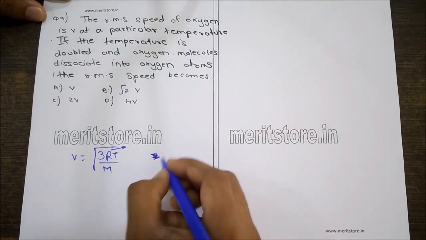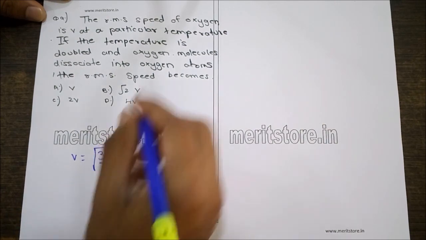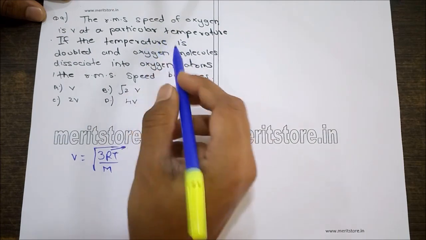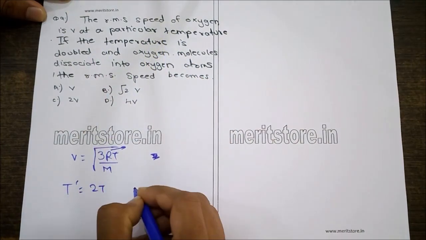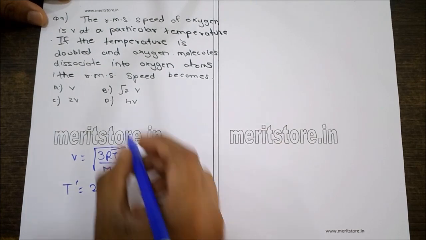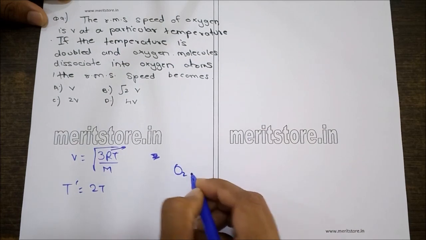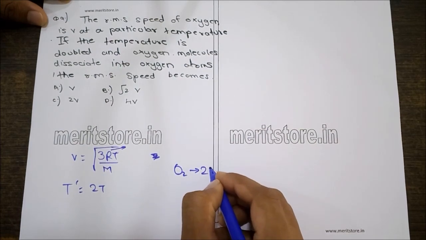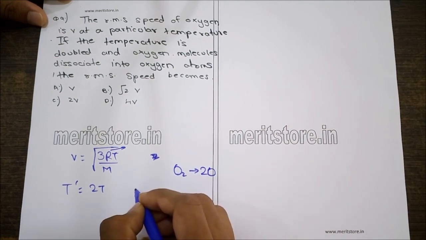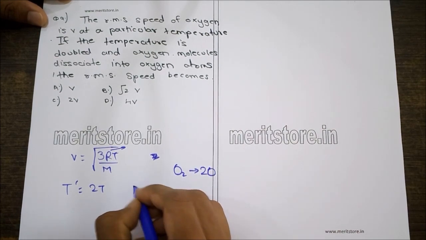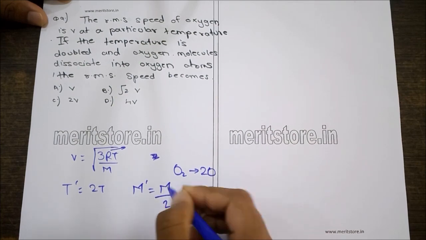For the second case, the temperature T is doubled, so T dash is equal to 2 times T, and since the O2 molecules dissociate into 2 O atoms, the molecular mass has been reduced, so M dash becomes M by 2.